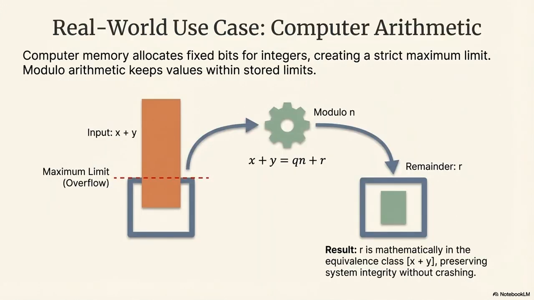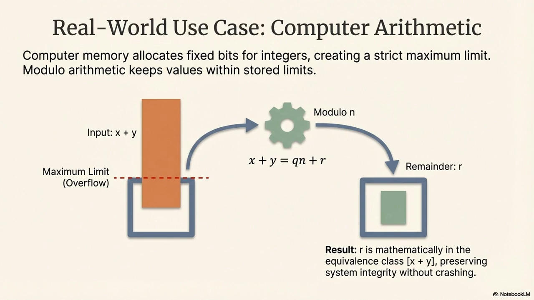Here is a practical computing use case. Real machines have fixed-width integer storage, so arithmetic that exceeds the maximum representable value overflows. Modulo arithmetic models what the machine keeps: the remainder after division by a modulus tied to word size. In the equation x plus y equals qn plus r, the stored value is r, the residue class representative.